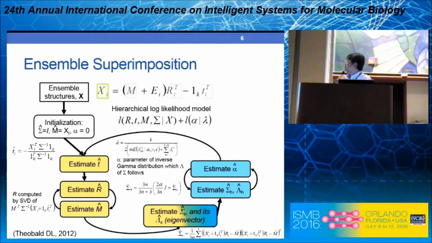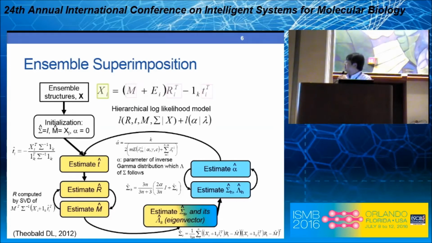And this alpha value is a parameter I will explain later. Once I assume the mean and the covariance, I can compute the translation vector to superimpose. And once T is determined, I can compute the rotation of each individual structure and then estimate the mean structure.